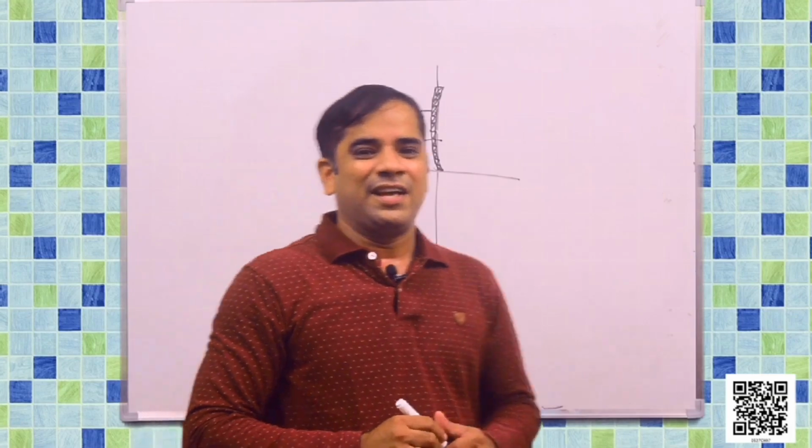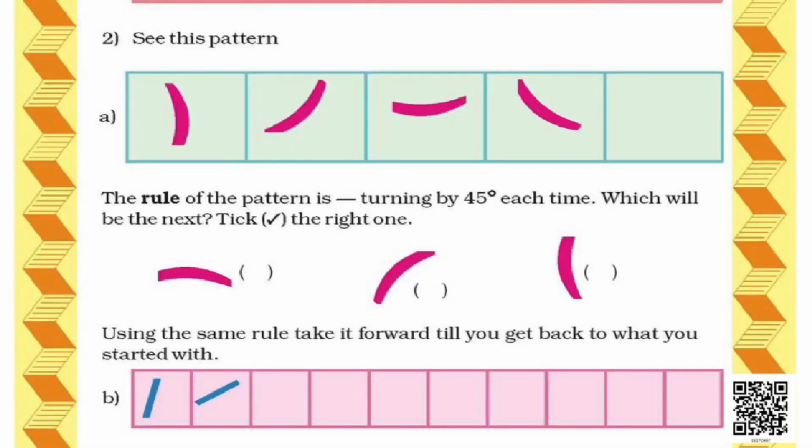Fine? Using the same rule, take it forward till you get back to what you started with. So can you find it out? How many turns will it take to get back to its original position? I hope you can very well find. Just keep on turning it 45 degree and you can reach your destination. Fine?